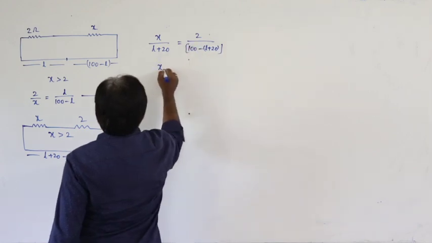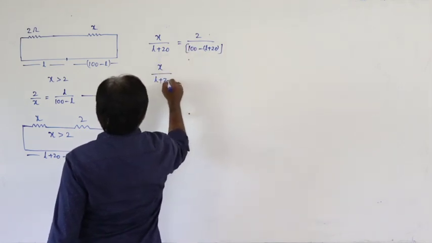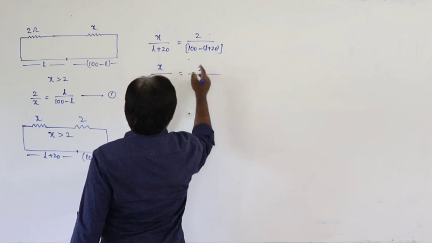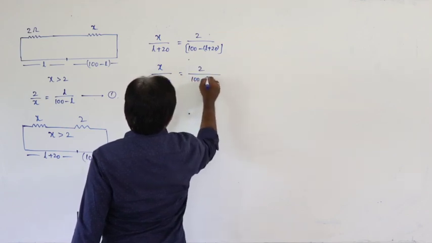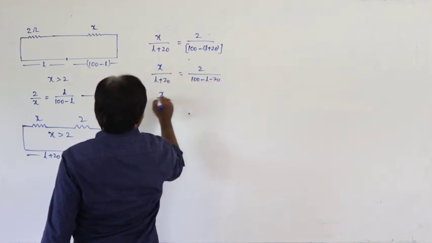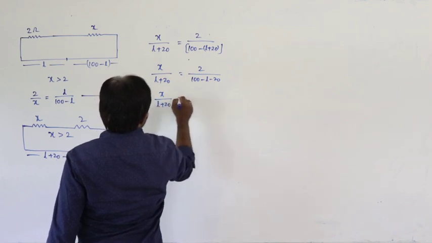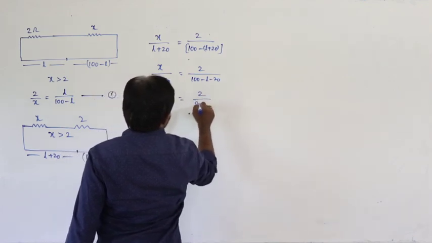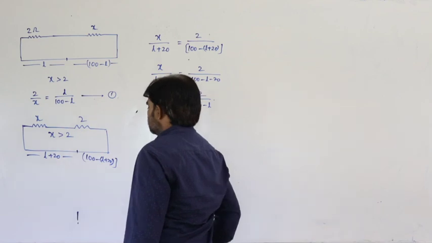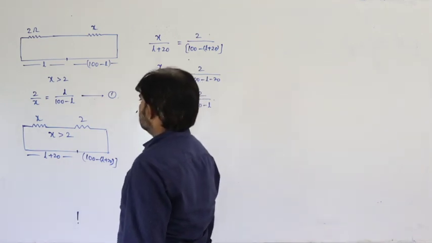So x by L plus 20 is equal to 2 by 100 minus L minus 20, so x by L plus 20 is equal to 2 by 80 minus L.